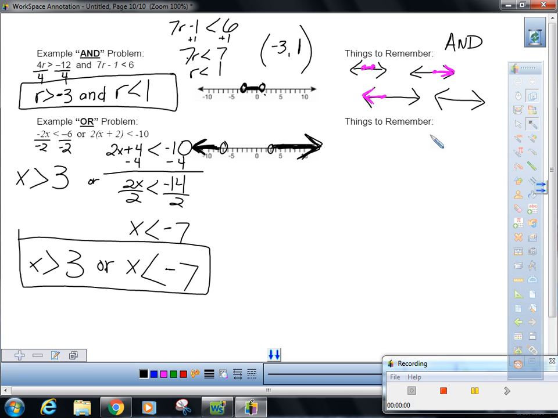When we have ORs, we could have all solutions work.